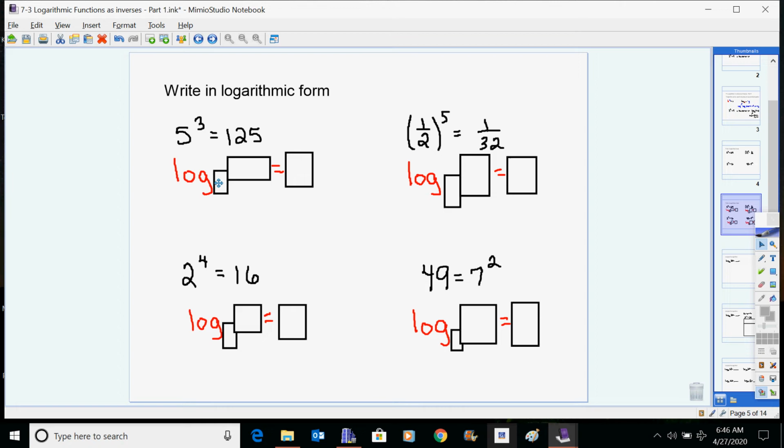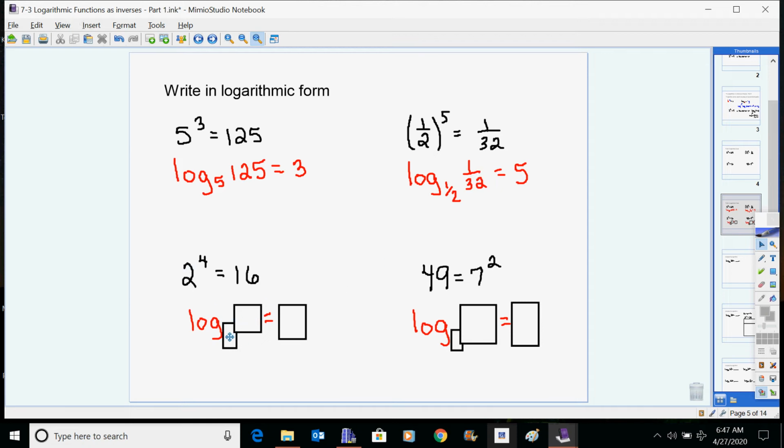Log base 5 of 125 equals 3. Our base is 1/2: log base 1/2 of 1/32 equals 5, because 1/2 to the 5th power equals 1/32.